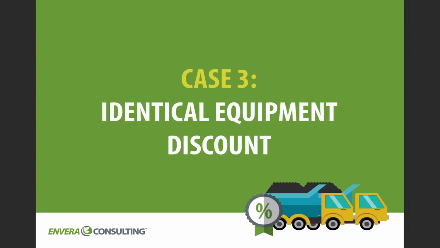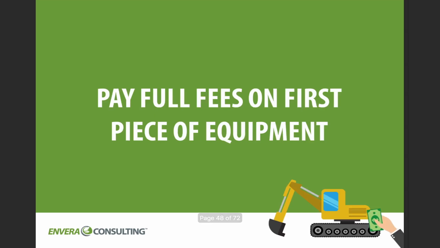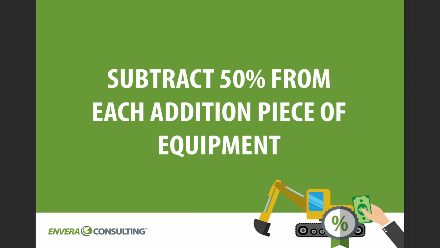And case 3 is an identical equipment discount. In this case, the discount is 50% of each piece of identical equipment being permitted after the first one. The key here is that they need to be functionally identical pieces of equipment. Using this fee modifier, you'll actually pay 100% of the base fee on the first piece of equipment, and then subtract 50% of the base fee for each additional piece of equipment.